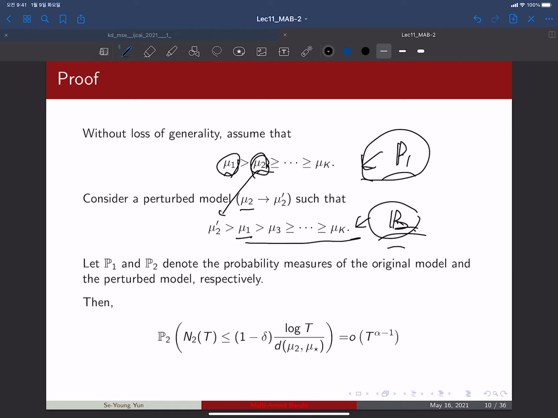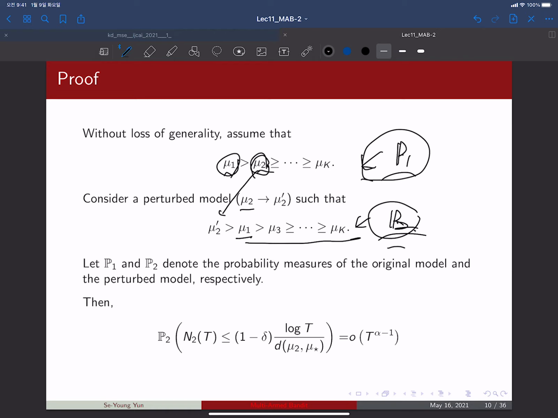Let's assume the world comes from either P1 or P2, but we don't know which. We don't know whether the current reward random process comes from P1 or P2. We have to find this from the observations. Since the P1 model and P2 model have different best arms, if we cannot discriminate P1 and P2, we cannot choose the best one.